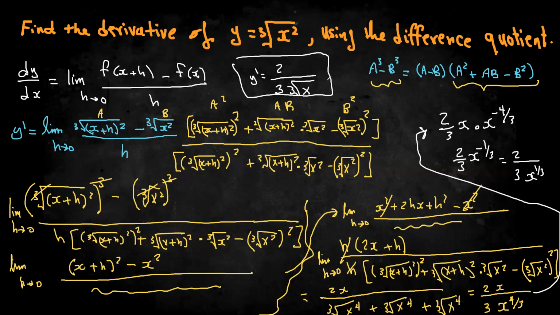And you could always double check your answer using the derivative the normal way without using the difference quotient, and that is the answer that you will get right here. Sorry, it's a long question, but I know a lot of students will struggle doing this kind of question. So make sure this is your key right here.